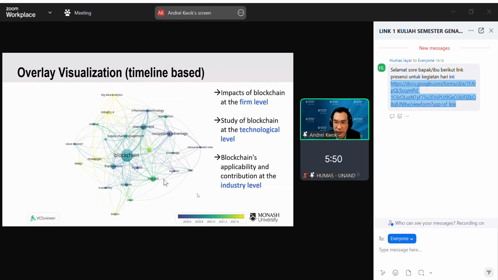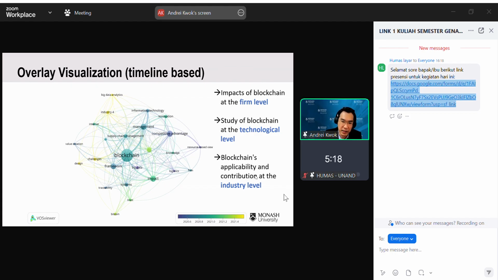So for example, here we find that in the early days, from 2017 up to 2020, most of the studies actually look into the impact of the blockchain or the technology at the firm level. Subsequently, as more research understands the impact of the technology at the firm level, they move on to understanding the technology level.